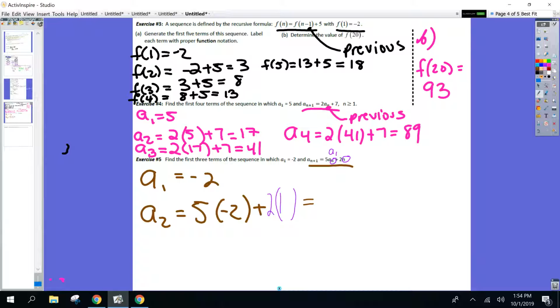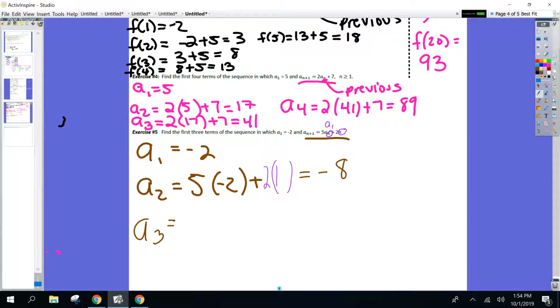What's my second term then? Okay, now third term. Five times what now? Okay, here's where it's a little crazy. 2 times, what term did you just multiply by 5?